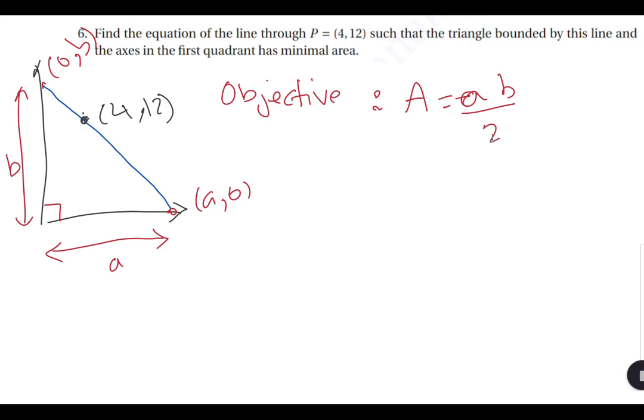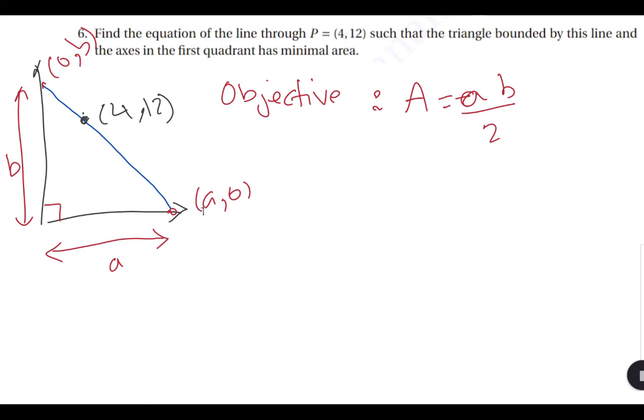Now, the next thing is: what is the restriction in resources that I have? What is the constraint? I look at this shape, and the constraint is that the line has to go through this point. And so basically, the constraint for the slope is that it goes through that point.